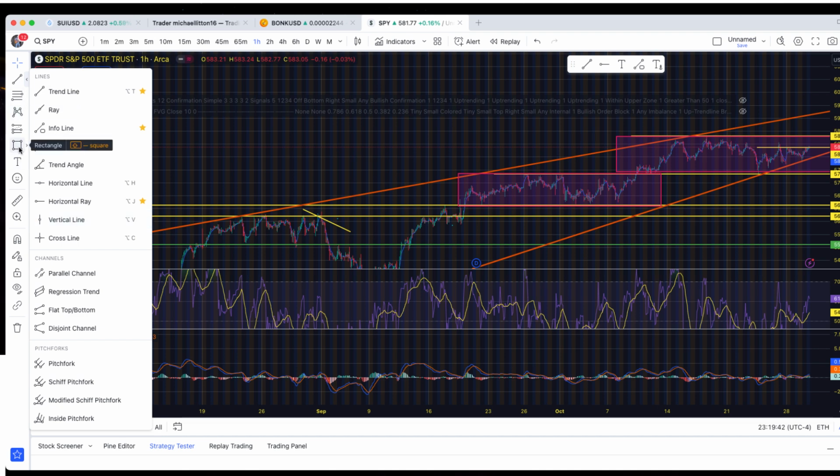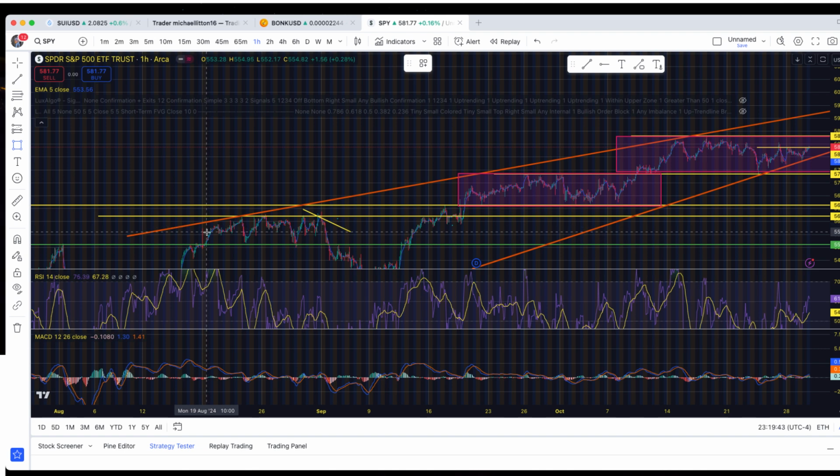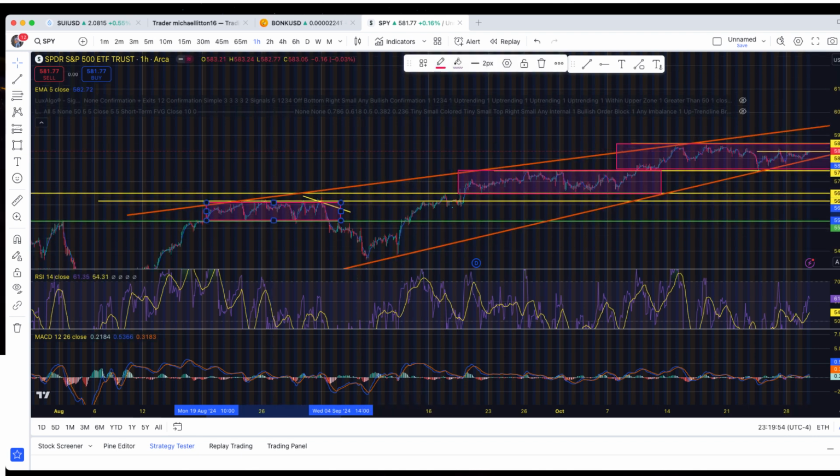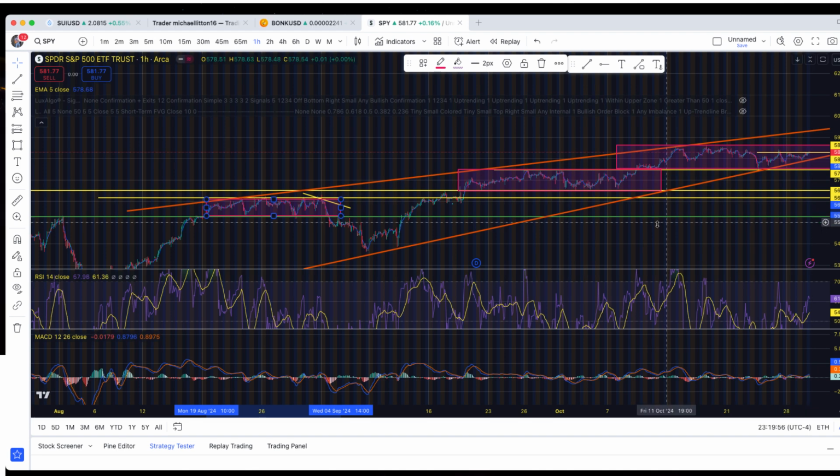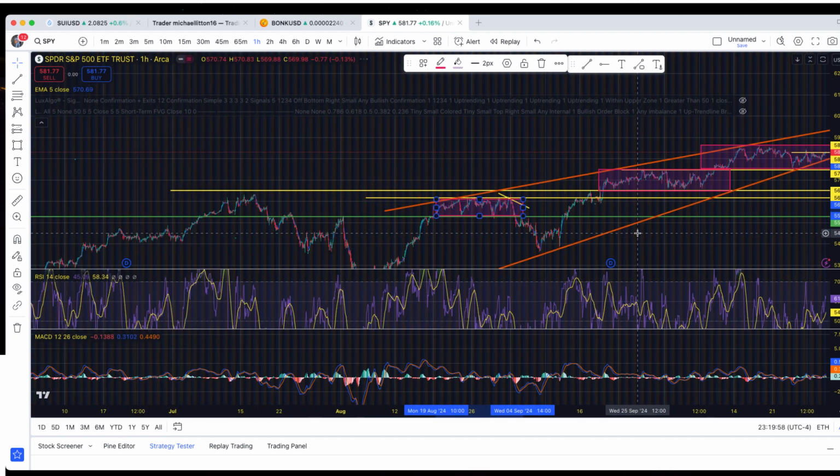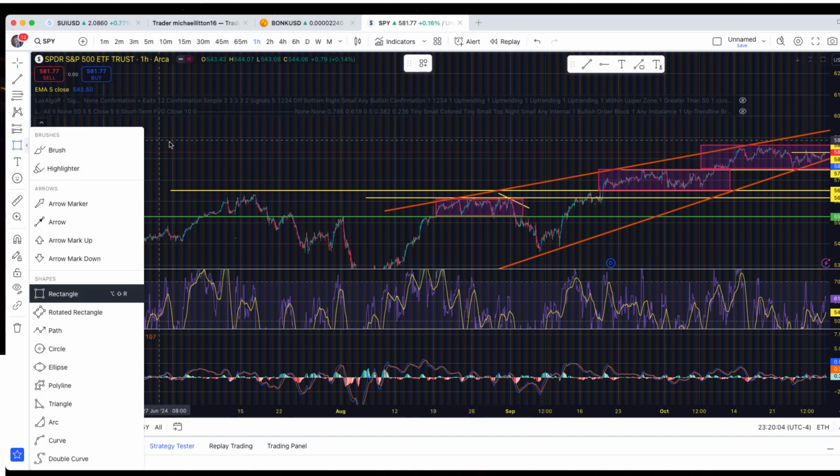Everybody's different, but this is one of the ways that I do it. See, I found structure back here, and oftentimes the structure will come back into play, like right here again.